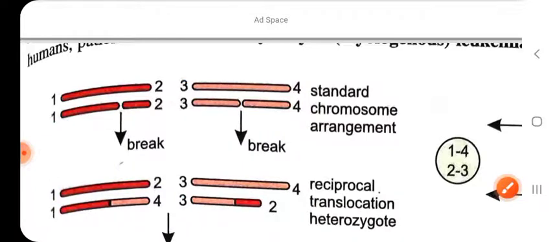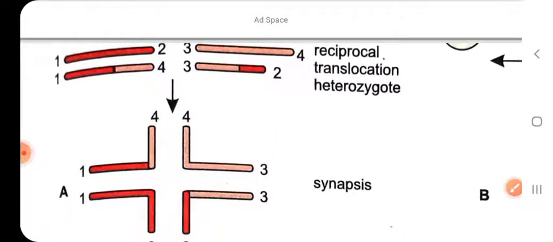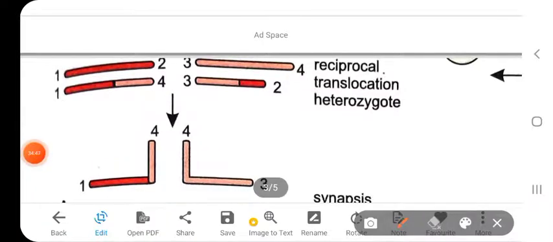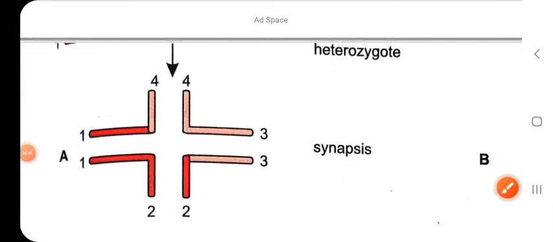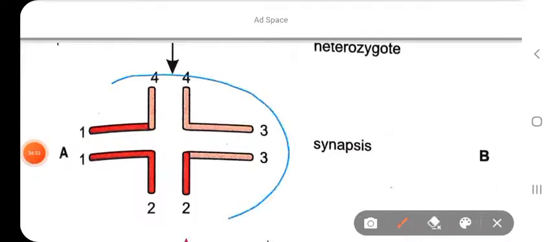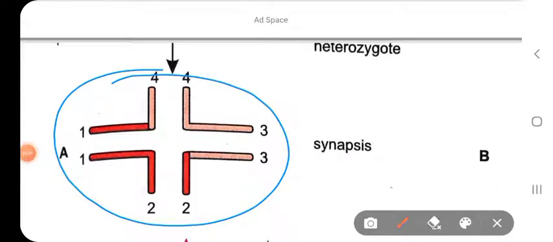Now during their synapsis stage, which occurs during prophase of meiosis 1 of the cell cycle, you see a cross-shape configuration here, or better to say a plus-shape configuration.